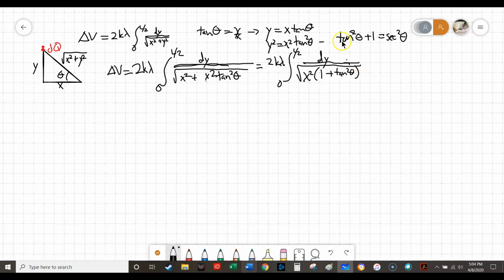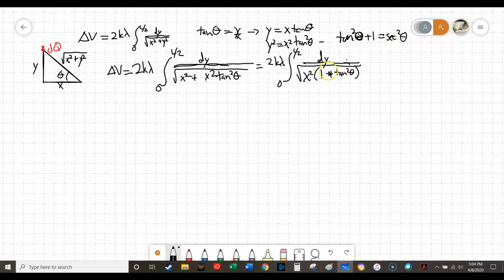So we now know that this right here is 1 plus tangent squared of theta, and tangent squared of theta plus 1 is secant squared of theta.